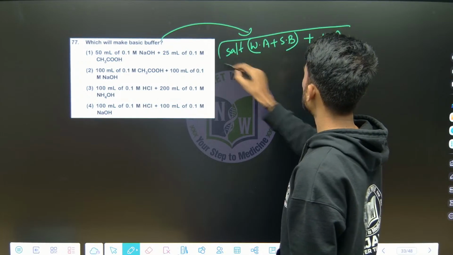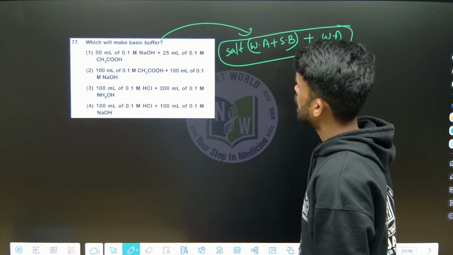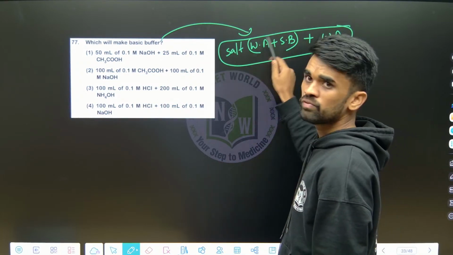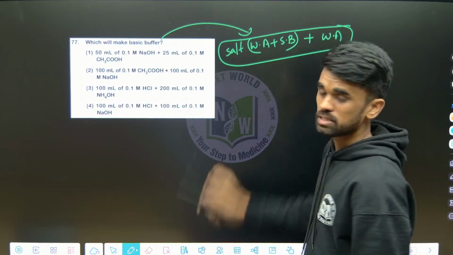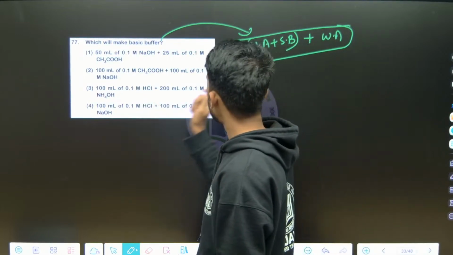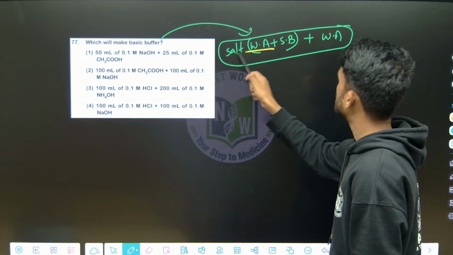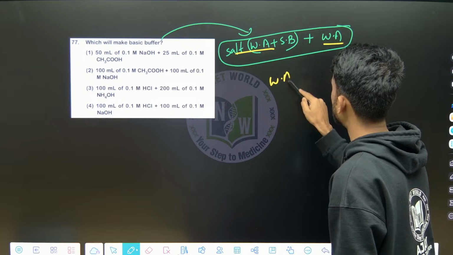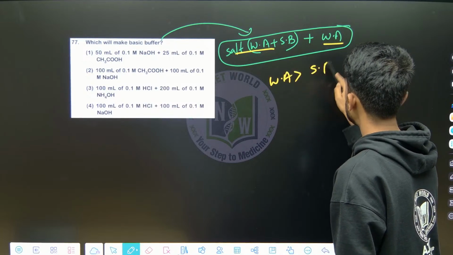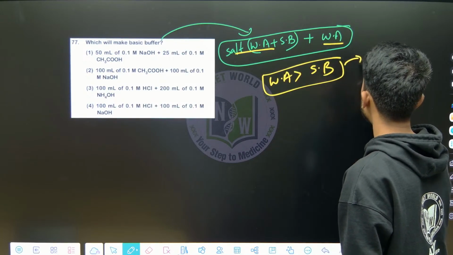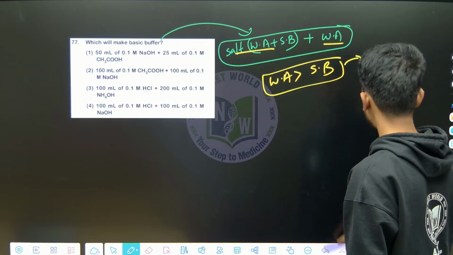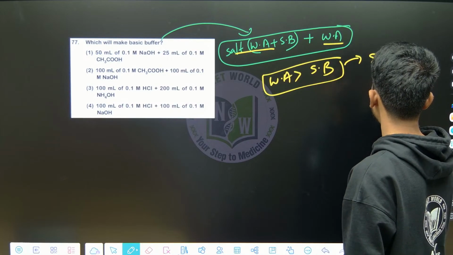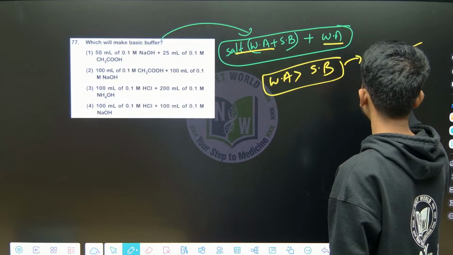These are the combination for an acidic buffer, and for a basic buffer, a salt of a weak base plus strong acid, plus a weak base. So the quantity of weak acid should be taken more than the strong base, then the resulting solution will form an acidic buffer.